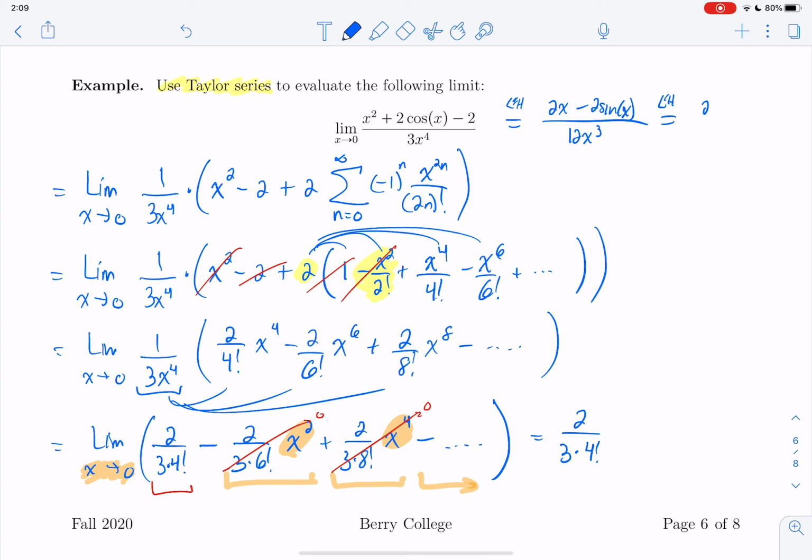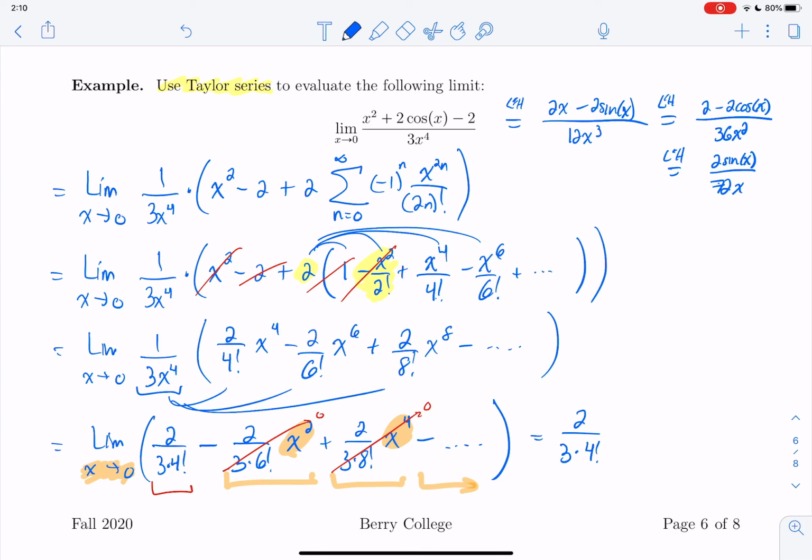And you're going to get 2 minus 2 cosine of x over 36x squared. This is still indeterminate, so you have to do L'Hopital's rule again. And then you're going to get simply positive 2 sine of x over 72x.